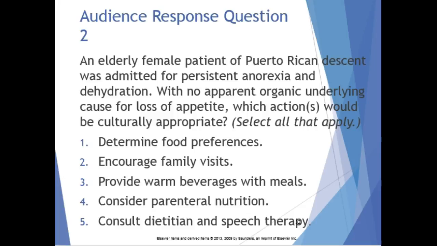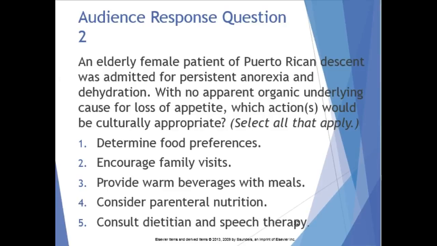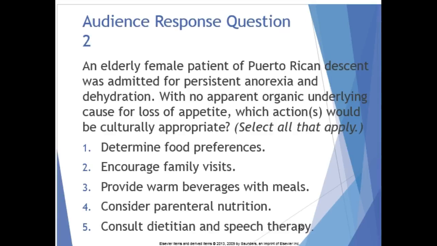Determine food preferences, encourage family visits, provide warm beverages with meals, consider parenteral nutrition, or consult dietitian and speech therapy. Again, the correct answers would be 1, 2, and 3.